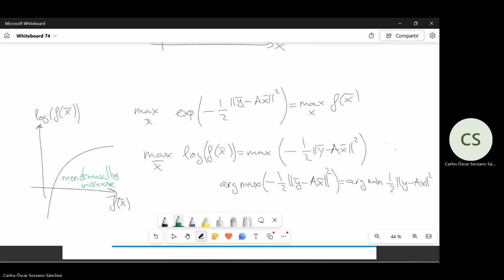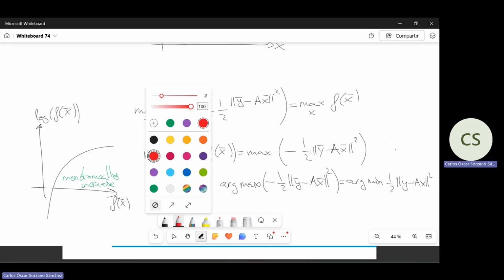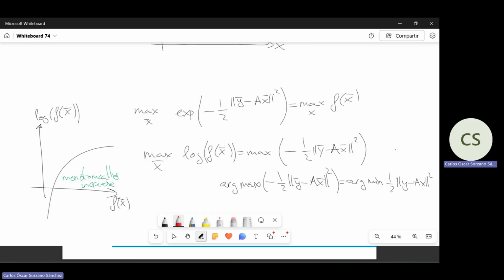And if I'm maximizing something, the factor 1/2 or not, I don't care. So the argument is the same. And this is the least squares problem that we already know how to solve. The solution of that is given by the transpose.